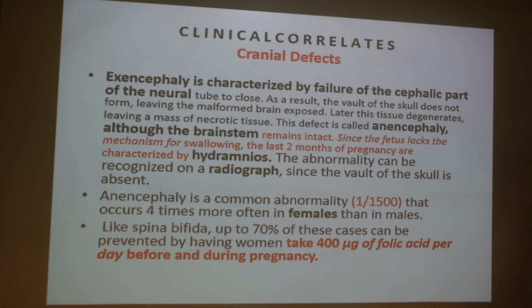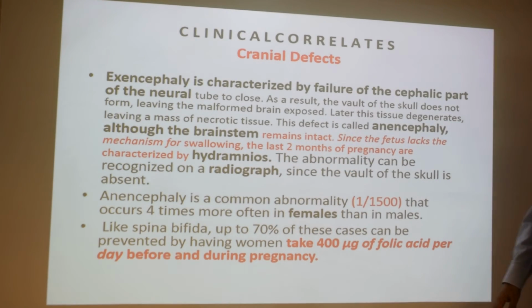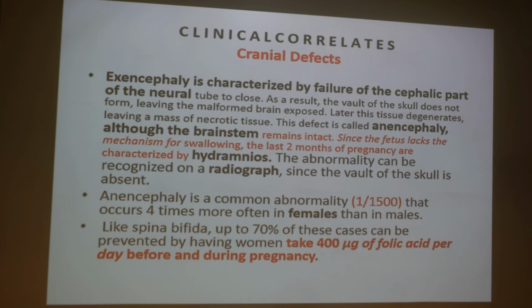But you must remember, the brain stem is still intact, and as the brain stem is still intact, your vital functions can still happen. Since the fetus lacks the mechanism of swallowing, the last 2 months of pregnancy are also characterized by hydramnios. So you would have increased water in the amniotic fluid, because the fetus is unable to swallow.